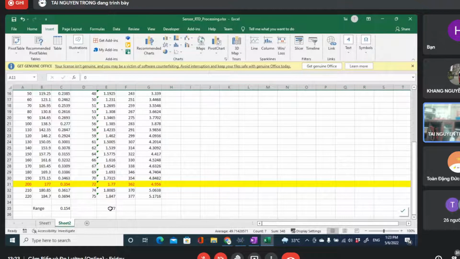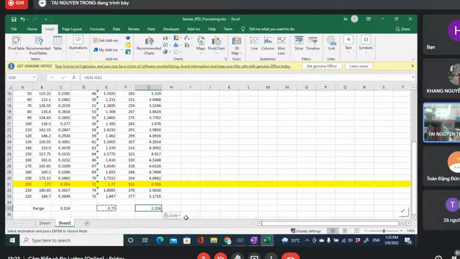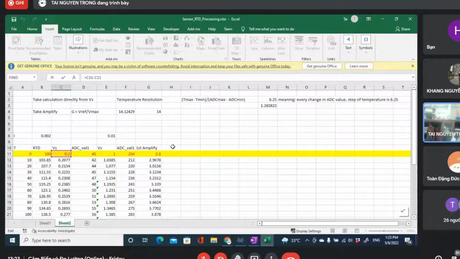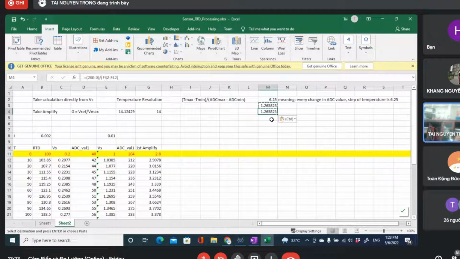In this case, the useful range is about 2.5, 2.1. But it's much better than this one. It's much better than this and this. And in this case, the resolution will be.